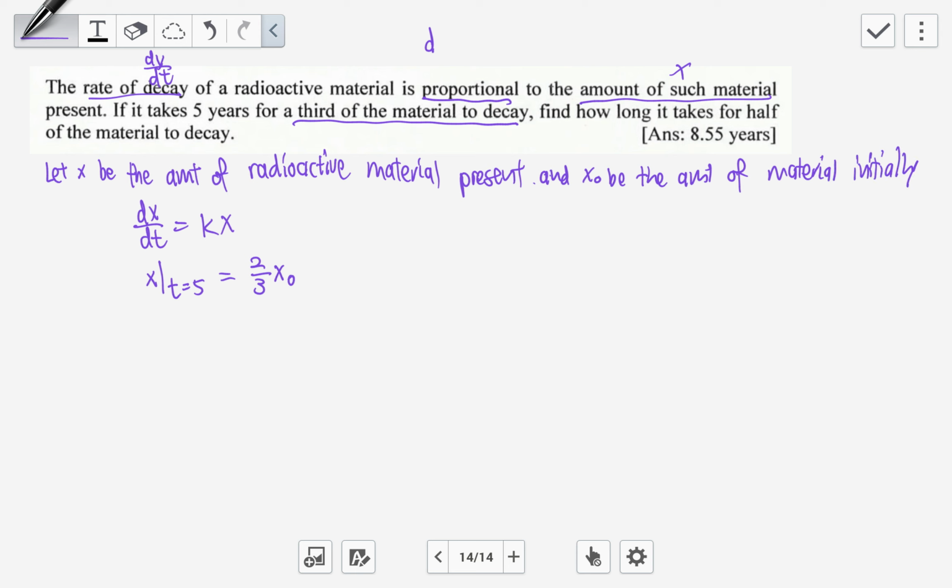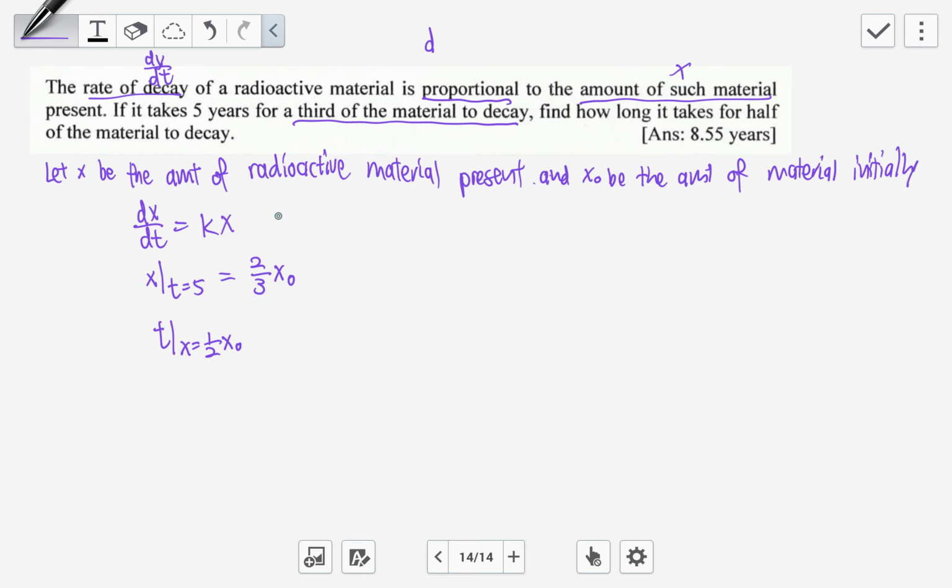So find how long it takes for half of the material to decay. So what we want to find is the time when x equals half of the initial amount.